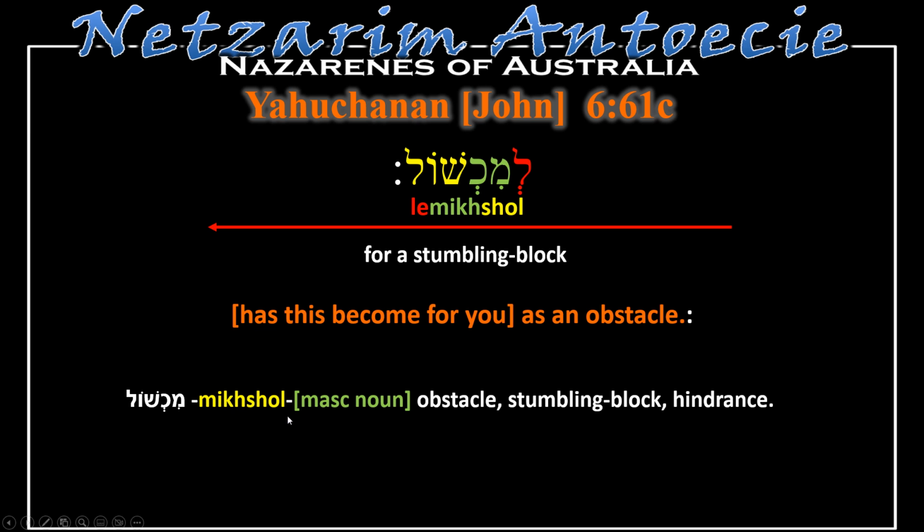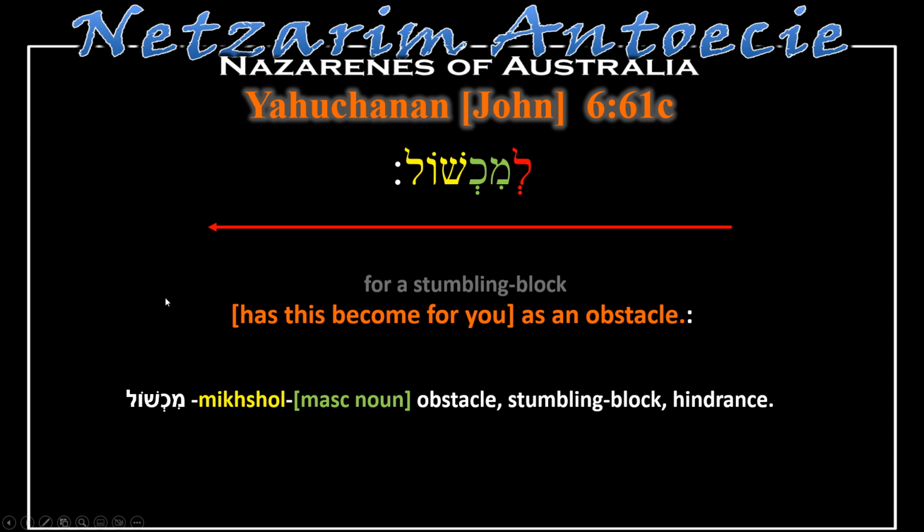If we look up mik-shol, it's a masculine noun, means obstacle, stumbling block, or hindrance. And in English, has this become for you as an obstacle? So any of those is adequate. So let's just read that. Le-mik-shol. For a stumbling block.